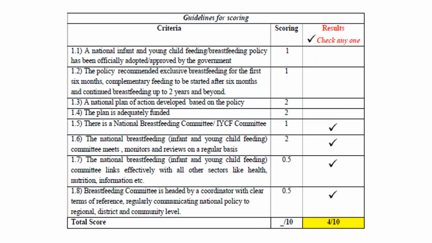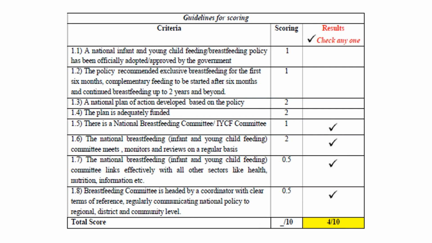Well, the first question here is, do we have a child feeding, breastfeeding policy that has been officially adopted and approved by the government? And the answer is no, we do not. And then, of course, the next question, which asks, does the policy recommend exclusive breastfeeding for the first 6 months and then complementary feeding to be started after 6 months and continued breastfeeding up to 2 years and beyond?